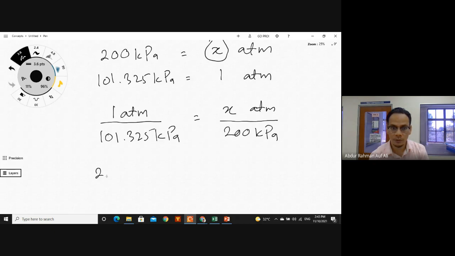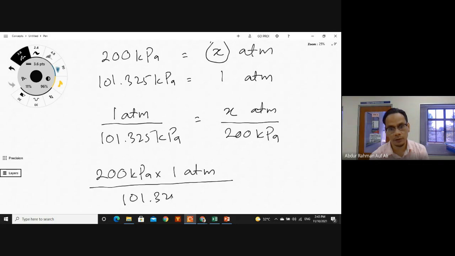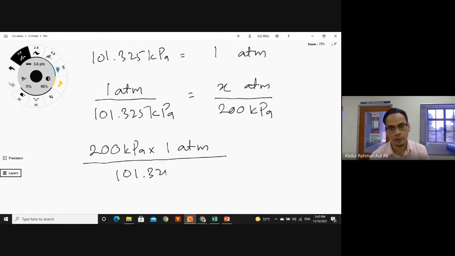So that would make 200 kilopascal multiplied by 1 ATM divided by 101.325 kilopascal equals X ATM.